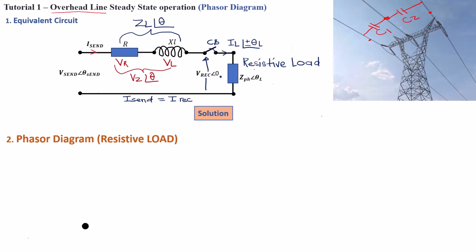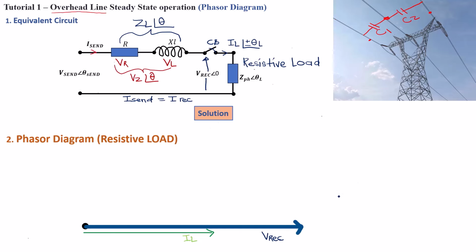From the origin you're going to draw your V rec, basically the voltage at the receiving end. Then, since this is a resistive load, the current is going to be in phase with the voltage, so you draw your current in phase with V rec. This here will be your IL phasor.